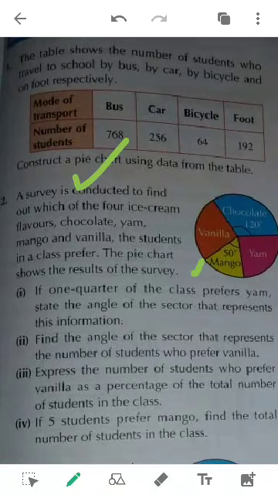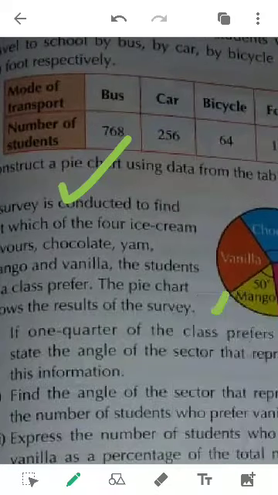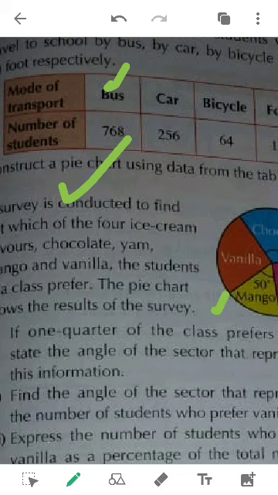Now for a pie chart, remember we need the angle of each and every quantity given in the question. For example, in the first question it has given the number of students traveling by bus, which is 768. I have to calculate what angle it should make on the pie chart, and that angle is linked to the percentage of this value with respect to the total value.